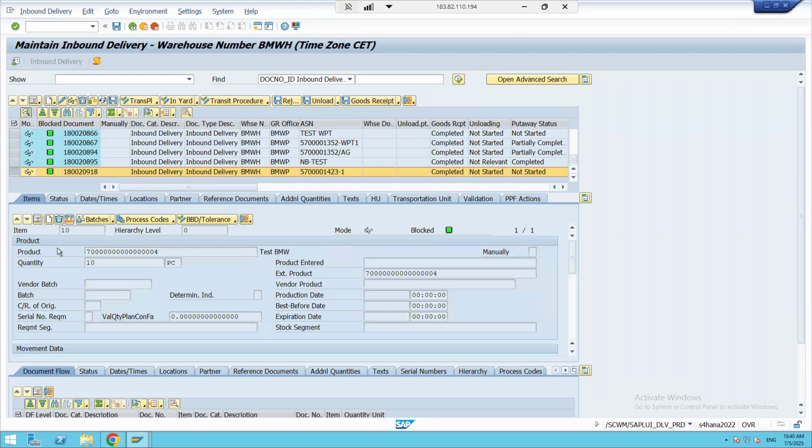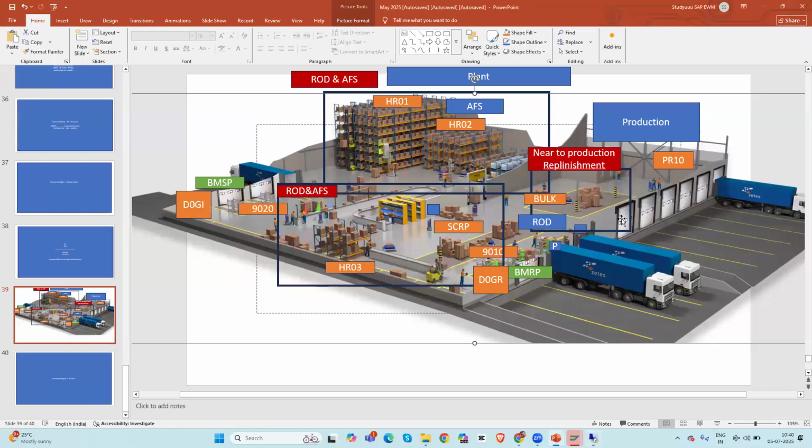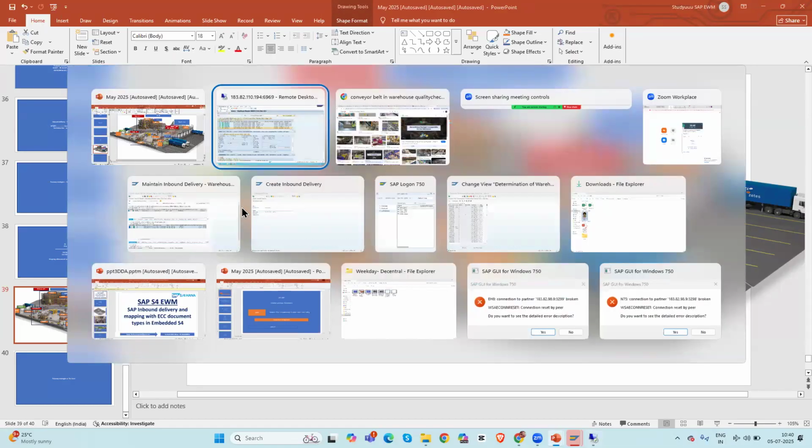If you open this, I told this part to you, right? The GR zone and the staging bay we discussed, right? Anyways, this is called a staging area. So for this storage type, 9021 and 9020 will have which storage role in this case? What will be the role?